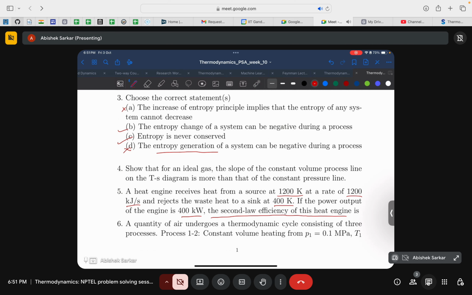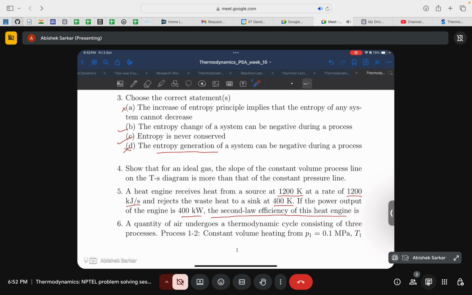So this I think I need to discuss, in a way that we have not formally discussed the second law efficiency. So this question, if it's okay, I would like to take it myself. Let's go to the question once again.